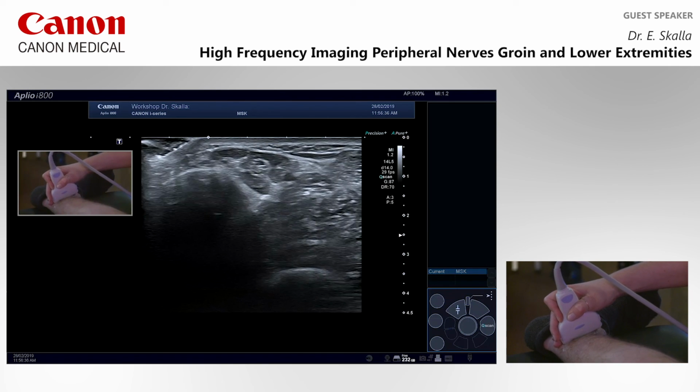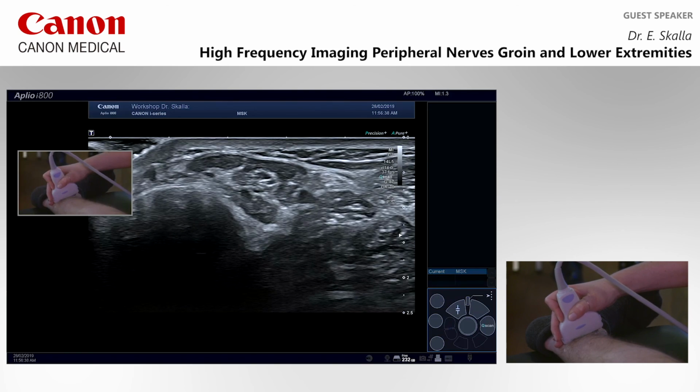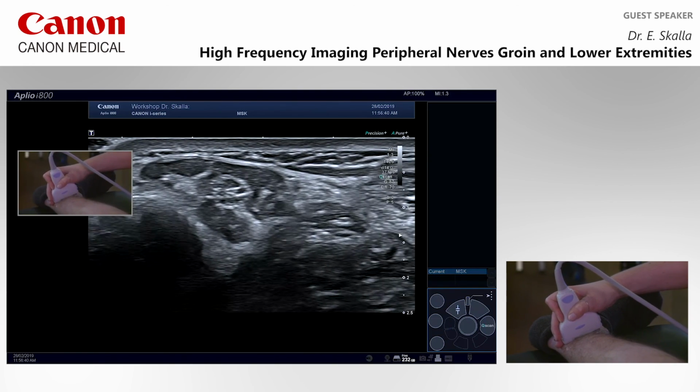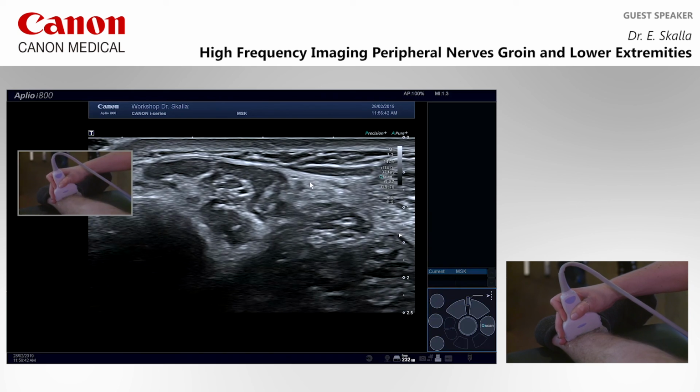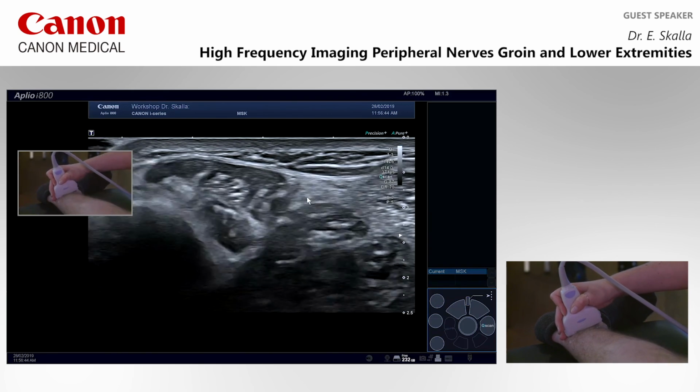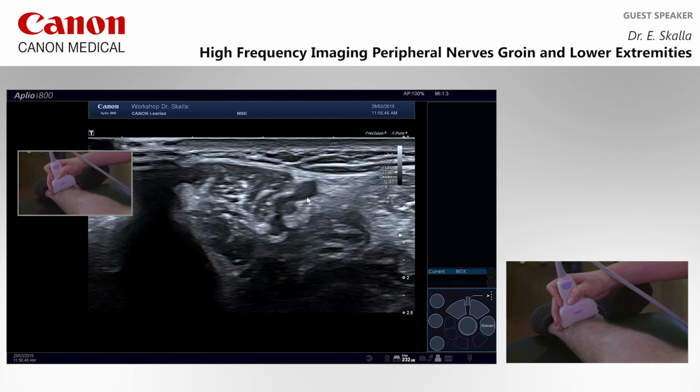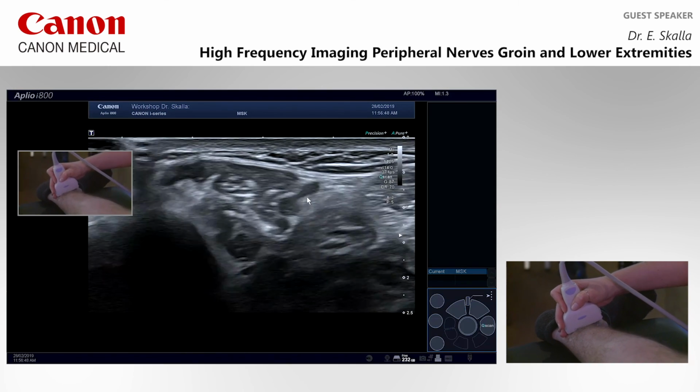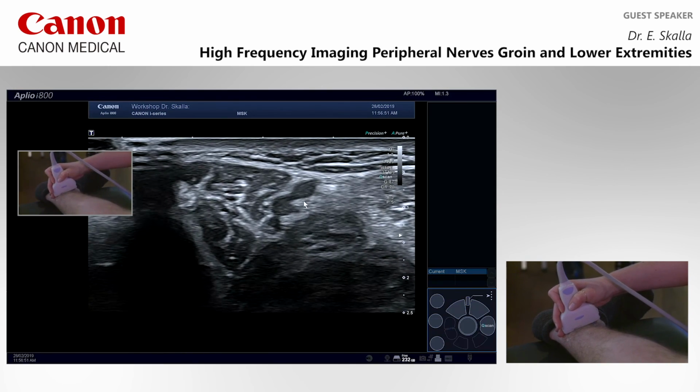And here, next to the artery, we can see this beautiful cross-section area of the tibial nerve. You see the veins, they are vanishing under pressure, artery and the nerve.